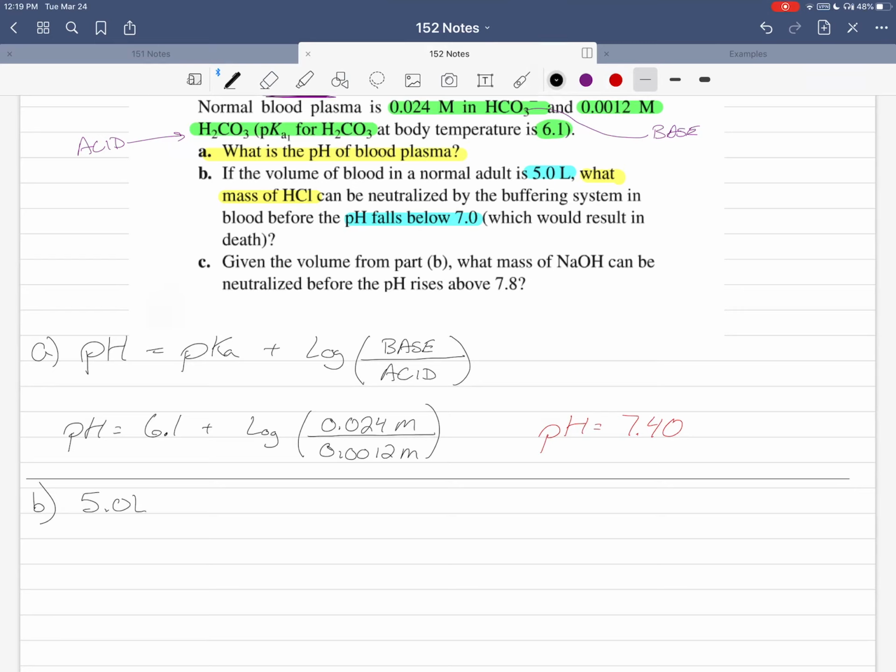All right. We're looking for how many grams of HCl, and we're going to get that from the concentration of H3O+, from the pH.